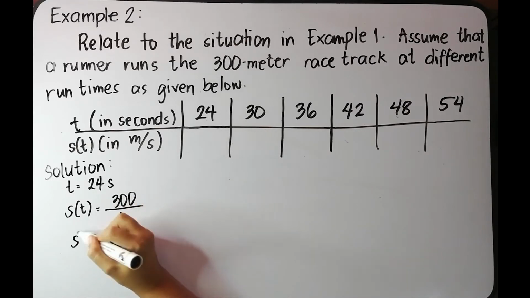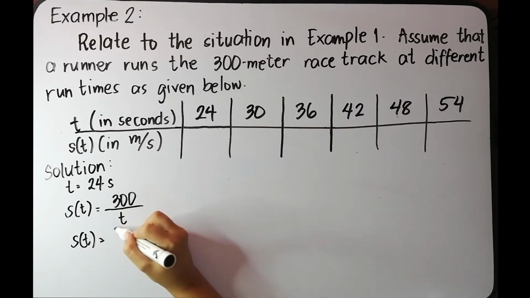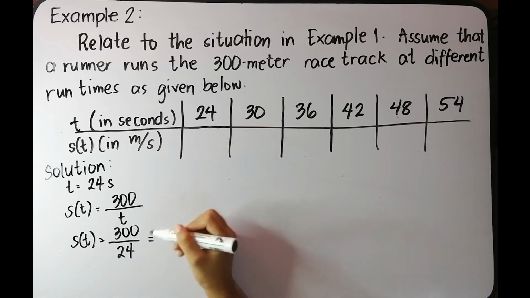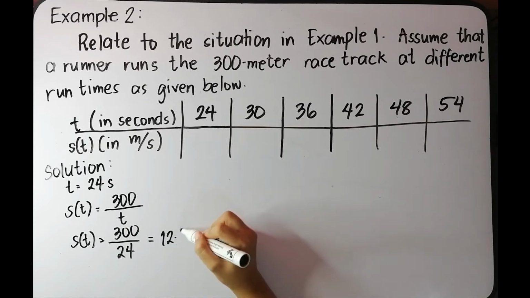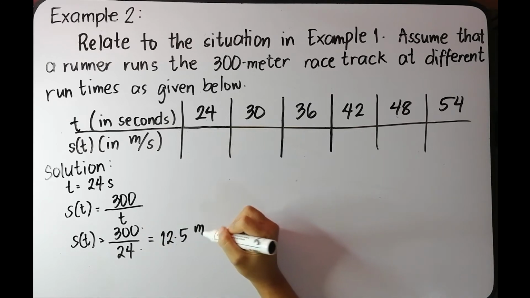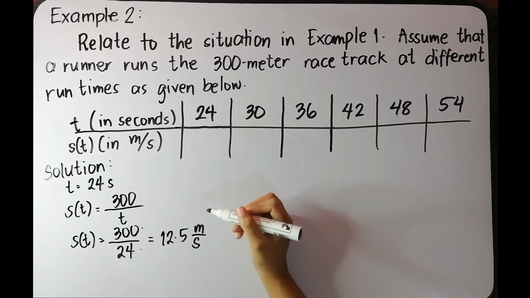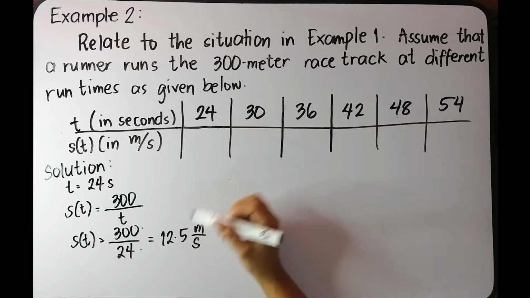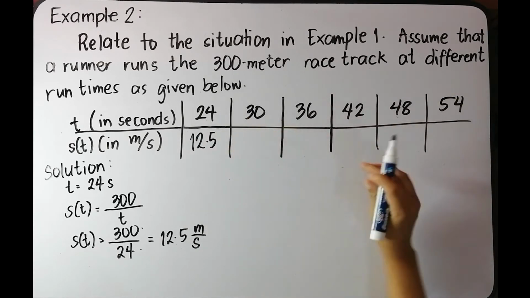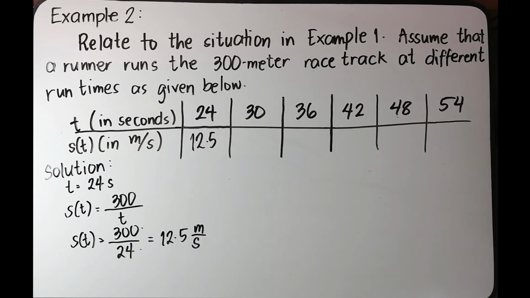We have S of T equals 300 divided by 24, which is 12.5 meters per second. So this is the speed if the time of the runner is 24 seconds.